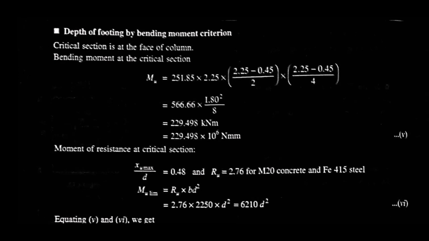Now moment of resistance at critical section: xu max by d is 0.48 for Fe 450 steel, and Ru is equal to 2.76 for M20 concrete and Fe 415 steel. So in the last video I have shown you the value of Ru which we have calculated and made a table.